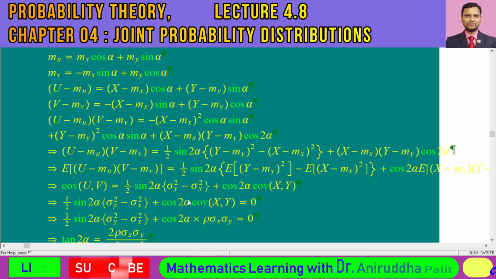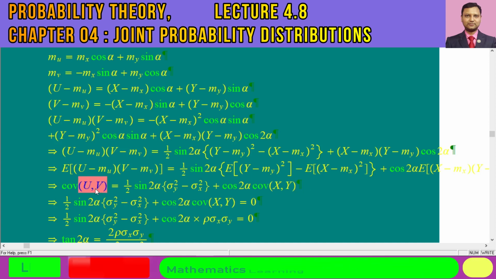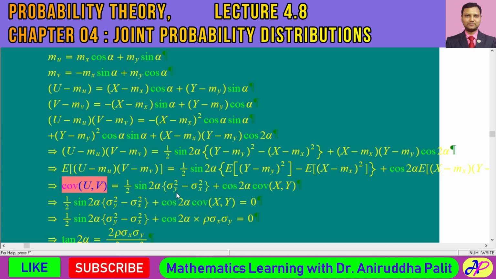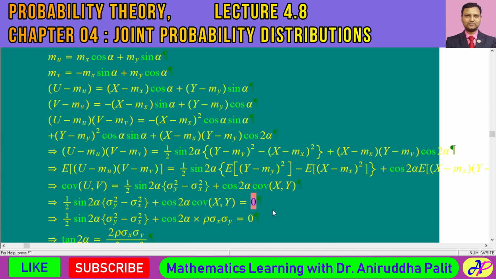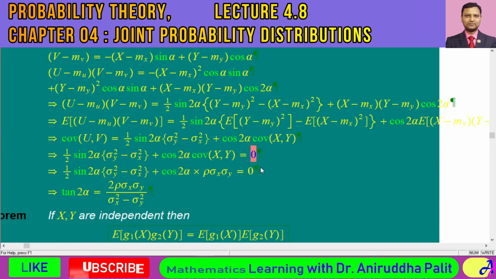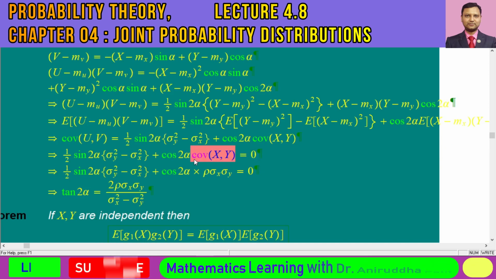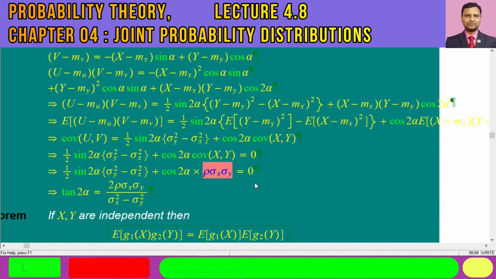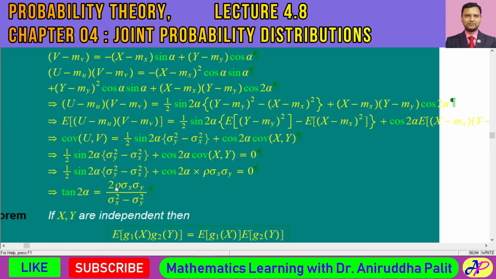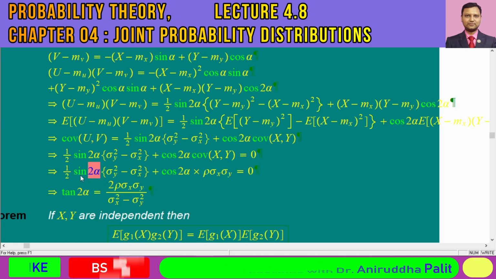Further, if it is given by the question that this covariance is equal to 0, then we can say that this right hand side expression would be equal to 0. And from this result, covariance of x comma y can be written as rho into sigma x into sigma y. Therefore, from this result, we can easily compute the expression of tan alpha.